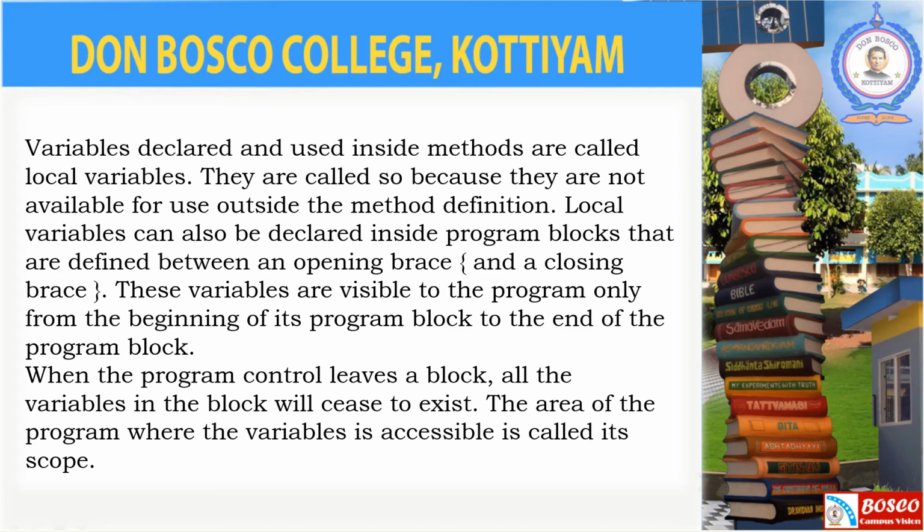The scope of the local variables begins at the opening brace and ends at the closing brace. These variables are visible to the program only from the beginning of its program block to the end of the program block. And the area of the program where the variable is accessible is called its scope.